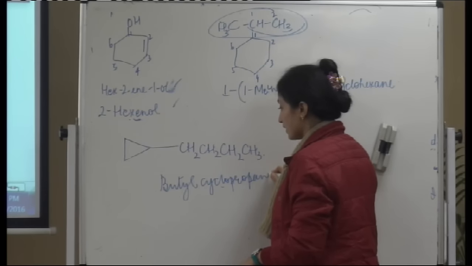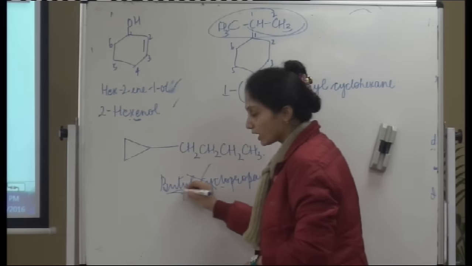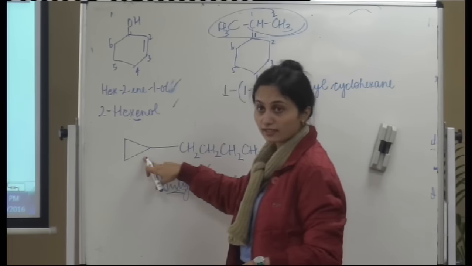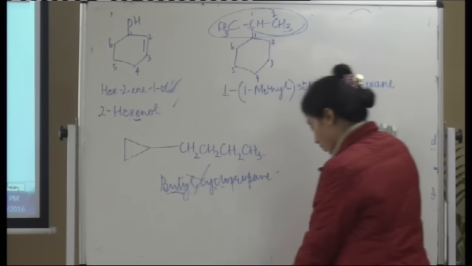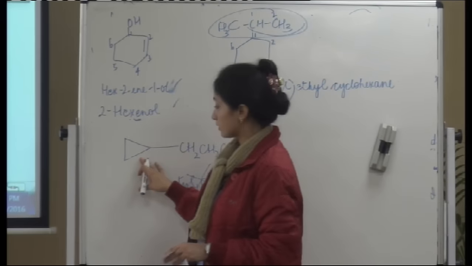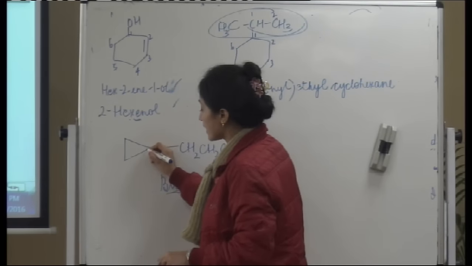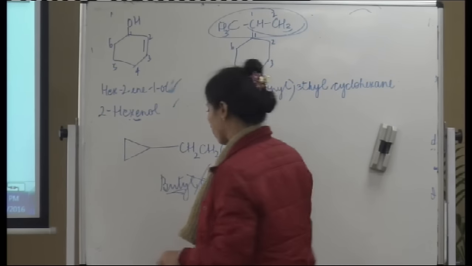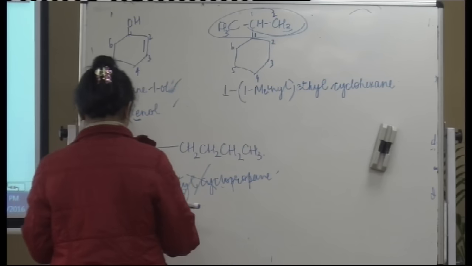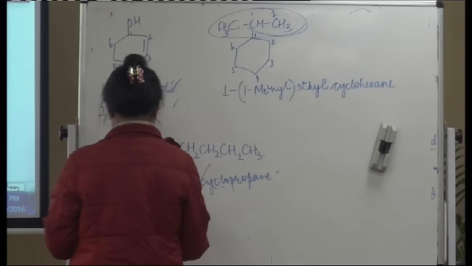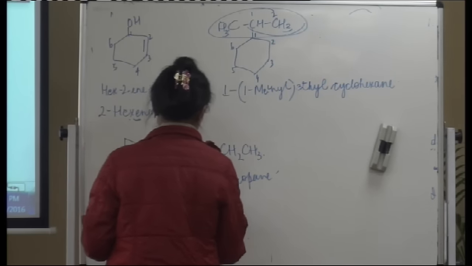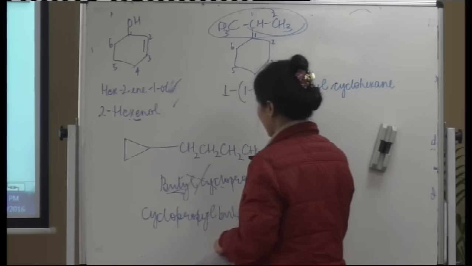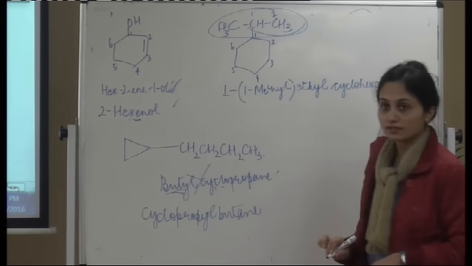But that won't be the case. Why? Because butane is a longer chain. It has a greater number of carbon atoms than your cyclic chain group. So in this case, your cyclopropane will be your side group, and the name will be cyclopropyl butane.